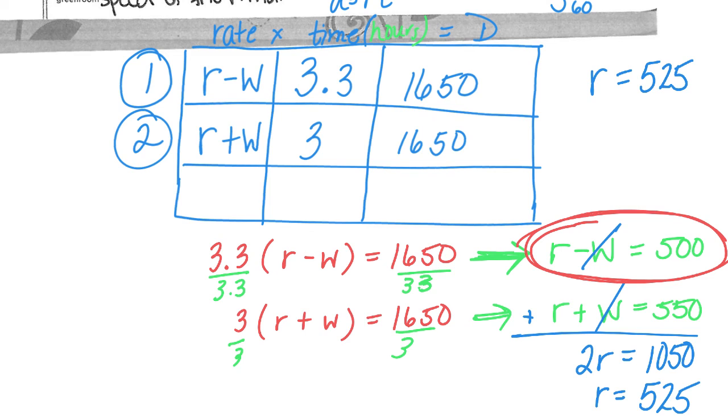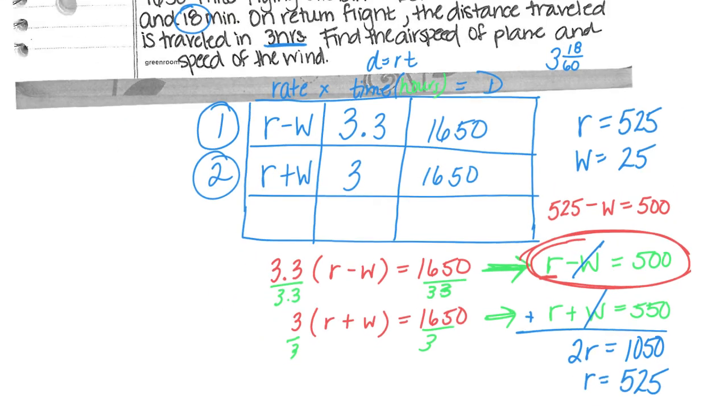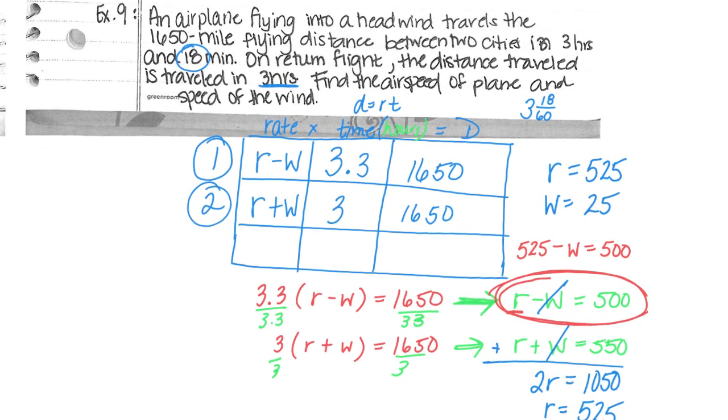So I'm going to plug r in for this r right here. 525 minus what gives me 500? Well, I know that w has to be 25. So these word problems can sometimes throw us off, but remember to just divide through and get that r plus w and r minus w to make your life a little easier.